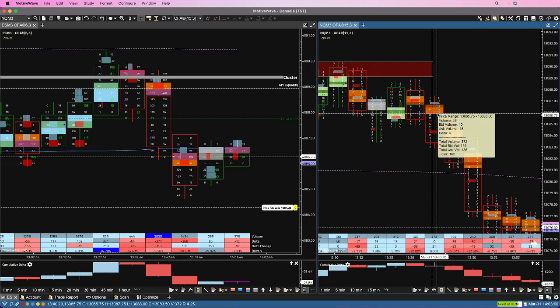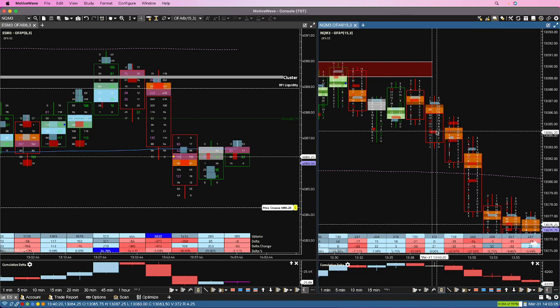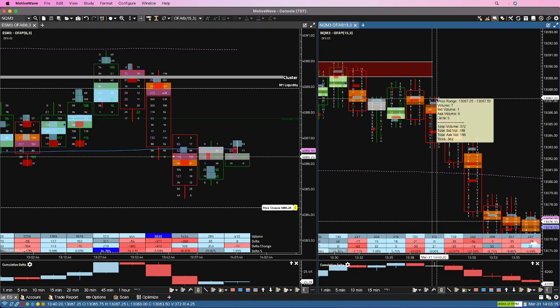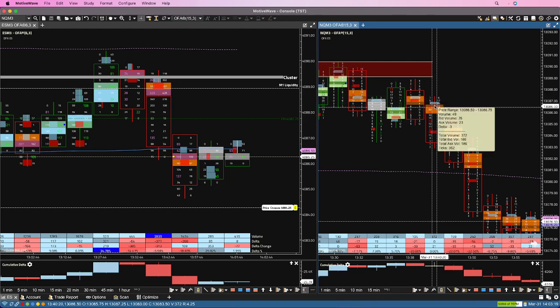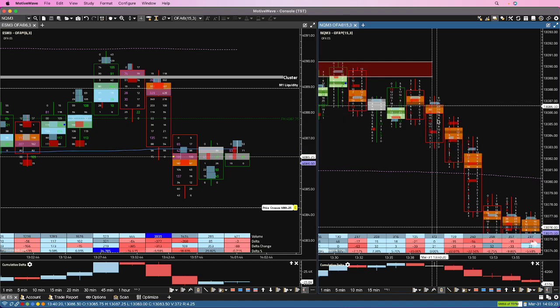A red box means that they are sellers. And then we have the final aggression here of sellers. So what does it mean? That first we have buyers, then we have sellers fighting these buyers and basically winning against them. And then a final aggression here.